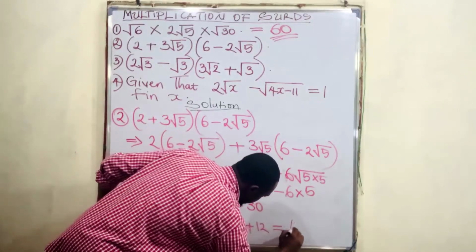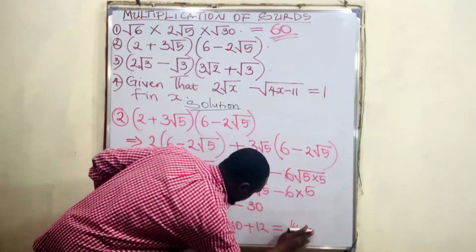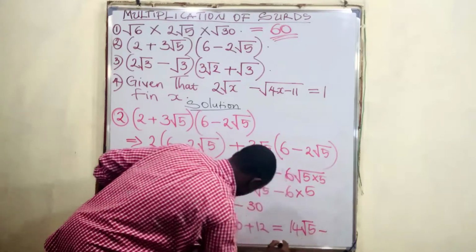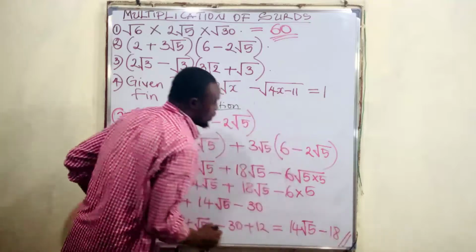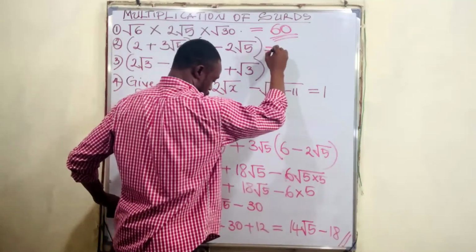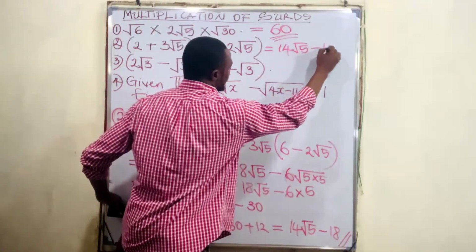So finally our answer is 14 root 5 minus 18. So this is our answer. So I'll write it up here. This is now equal to 14 root 5 minus 18.